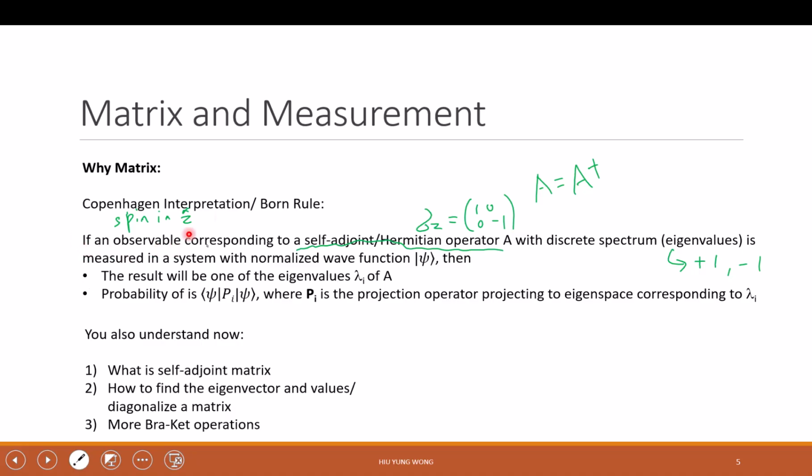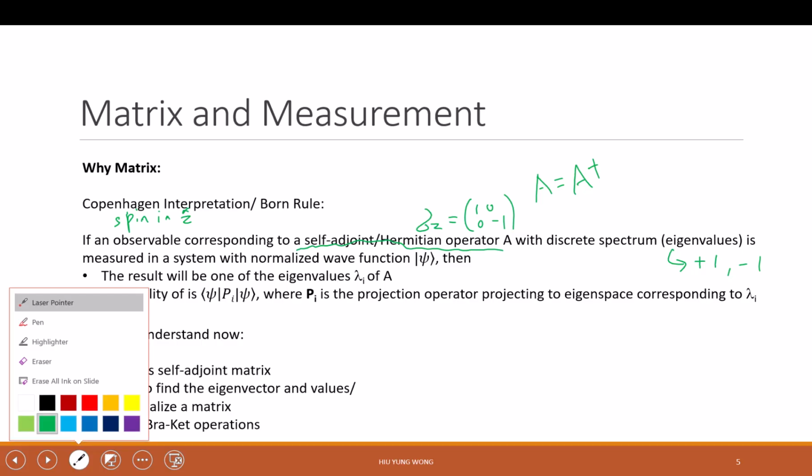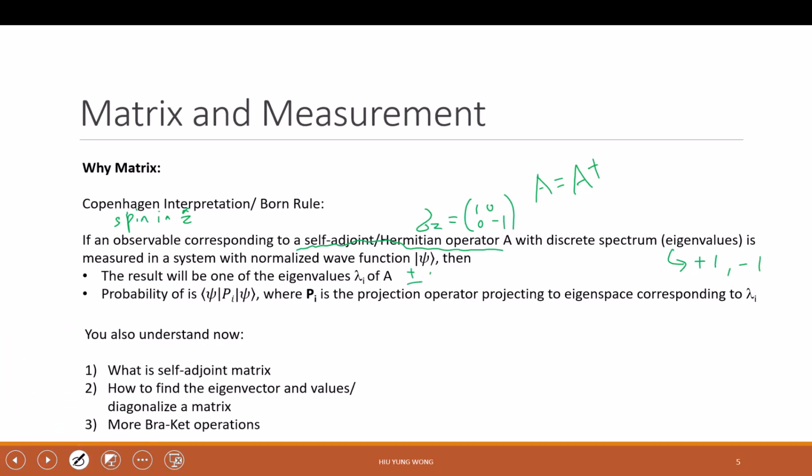The observable will correspond to a matrix, and this matrix has some eigenvalues. And when you do the measurement, first, what you get is one of the eigenvalues of A. The reason you get plus minus 1 is because this matrix has eigenvalues of plus minus 1.